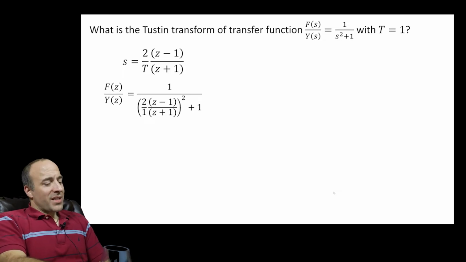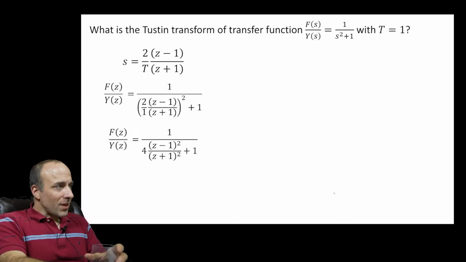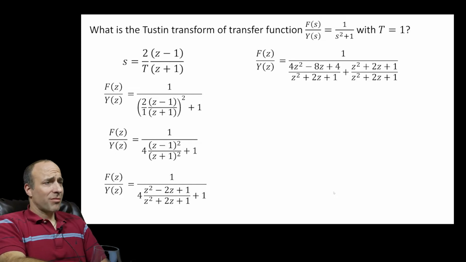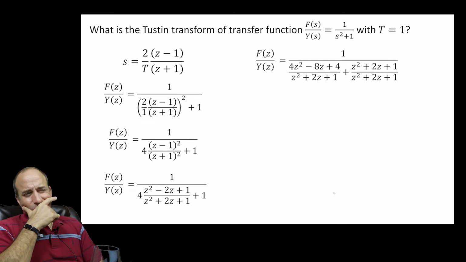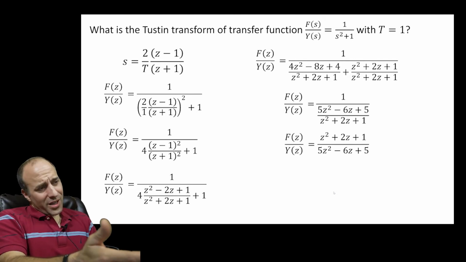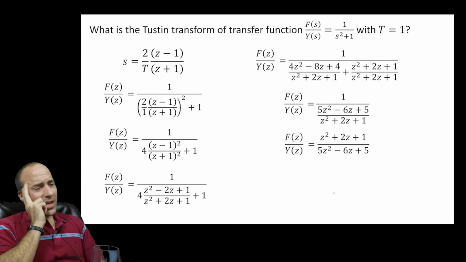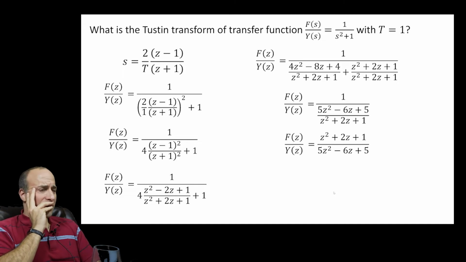So we make that substitution, and then you end up just working it through. Now, these can get a little involved when you do these Tustin transforms, but it ends up just being algebra. In this case, we ended up with z squared plus 2z plus 1 over 5z squared minus 6z plus 5.